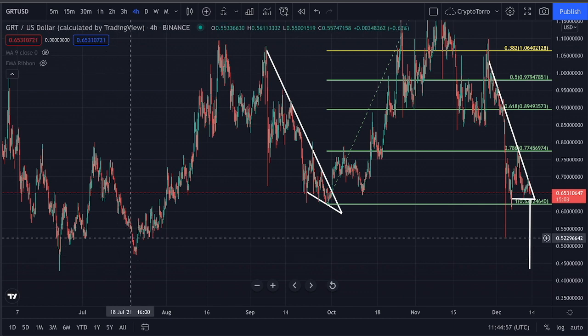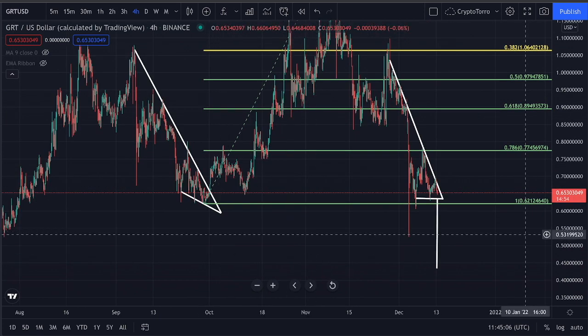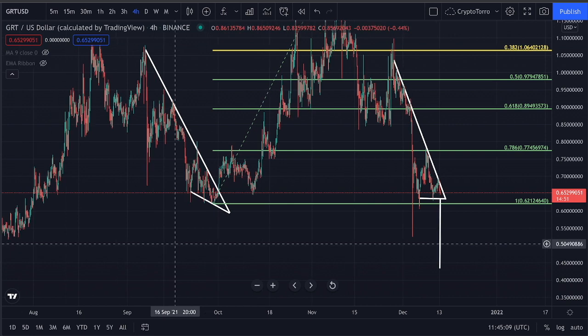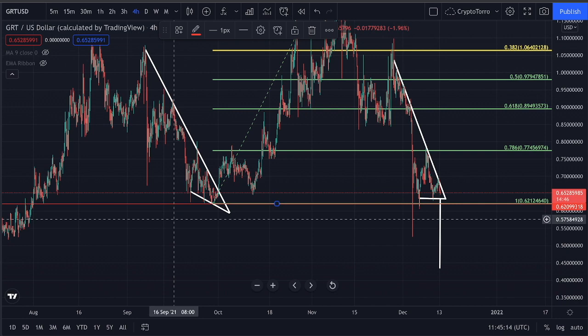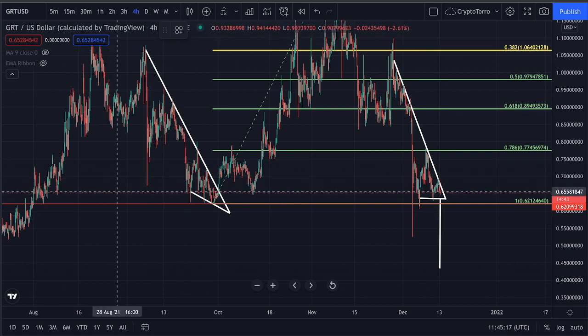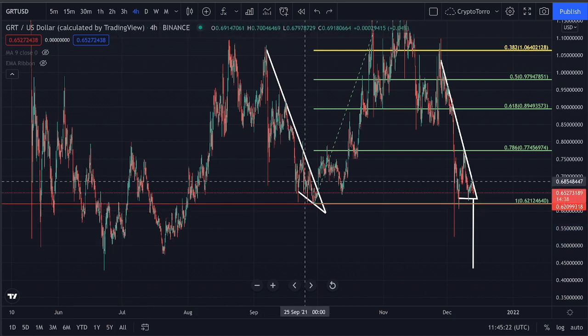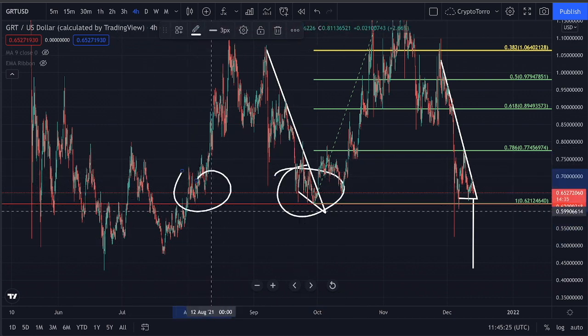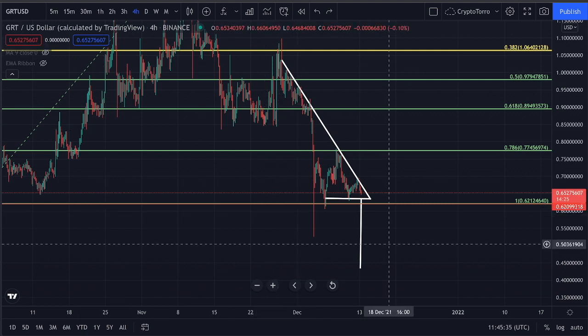Therefore, right now I think it is quite unlikely that we are going to break down below the zero range of Fibonacci at $62, because if we extend this range, you can clearly see that we have seen multiple levels of support and resistance found on top of this range or underneath this range. You can clearly see that here we did see resistance, right here we did see support on top, and therefore I am confident that we are going to stay on top of the $62 range in the immediate short term. If we do break down below this range, it is likely that we are going to see a breakdown occur all the way towards the $43 as I said previously.